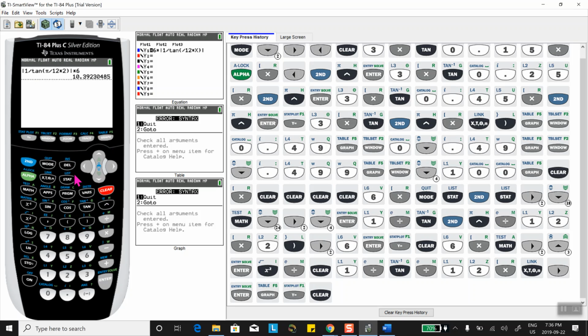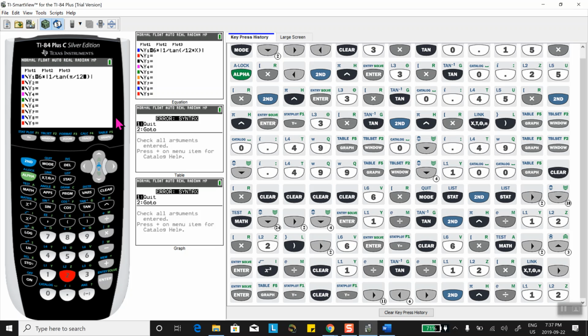Okay, clear this. Okay, so let's go to our function. So 6 times absolute value of 1 divided by tangent. Oh, there's a pi missing there. So second function, pi, divided by 12.